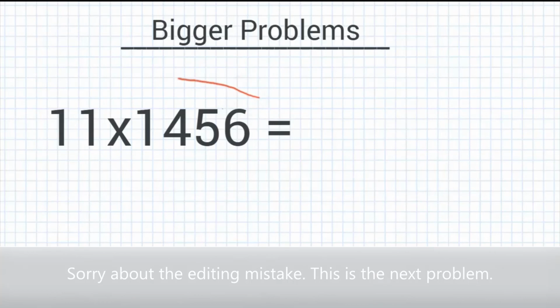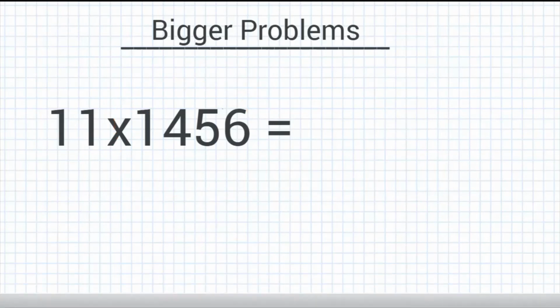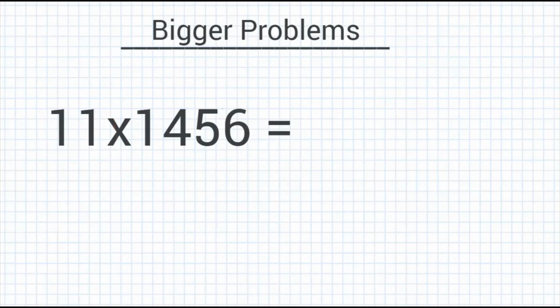So we're going to look at the number, and we are going to write the first and the last digit. So 1 and 6.